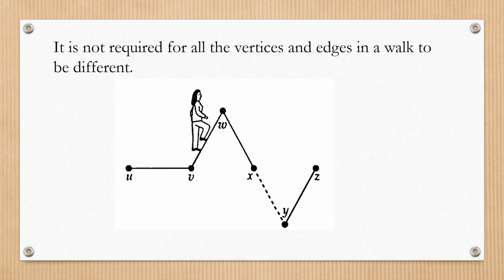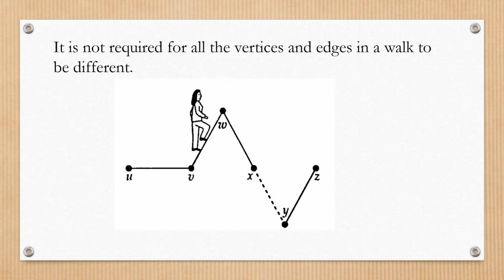We passed by the vertices and the edges only once, and we did not go back. But it doesn't mean that we cannot go back or cannot pass by the edges anymore. We can use the edges and the vertices as many times as we want.